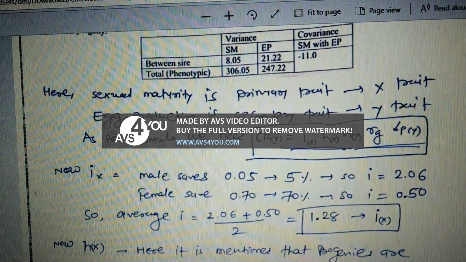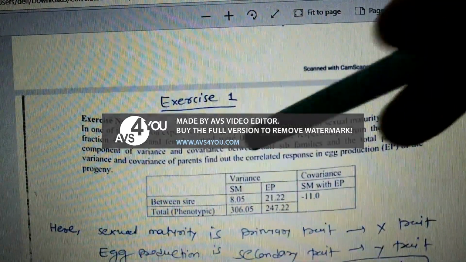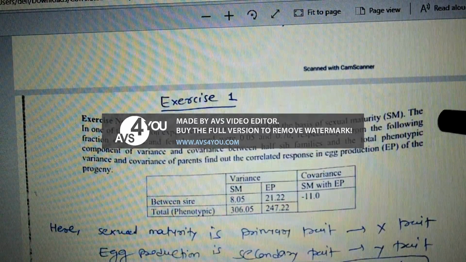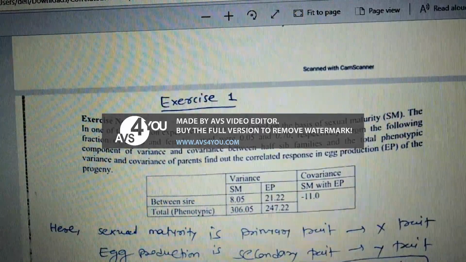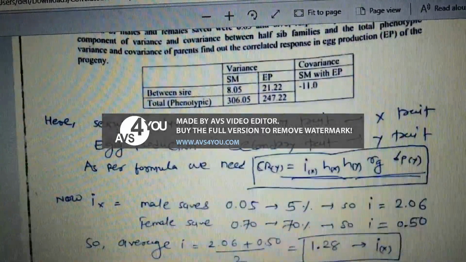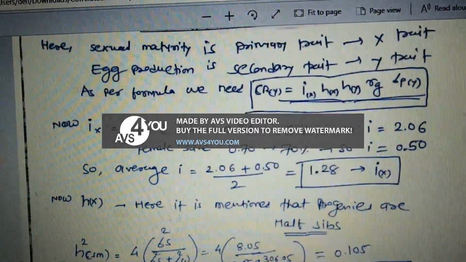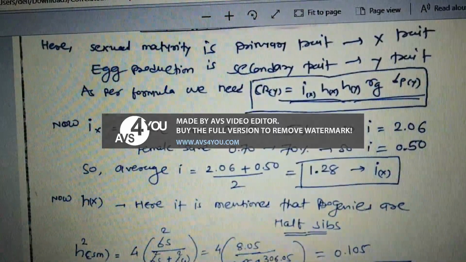As given in the title, the fractions of male and female saved were 0.05 and 0.70. That means males saved 0.05, that is 5%.